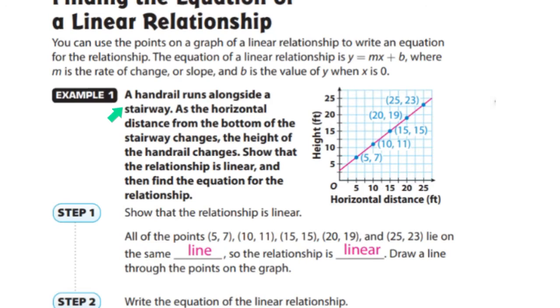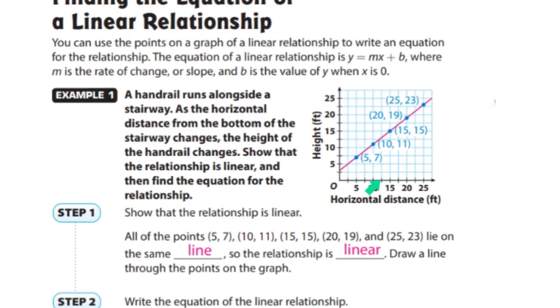Okay, example 1. A handrail runs alongside a stairway. As the horizontal distance from the bottom of the stairway changes, the height of the handrail changes. Show that the relationship is linear, then find the equation for the relationship. As the distance goes from 0, they're counting by 2.5: 5, 7.5, 10.